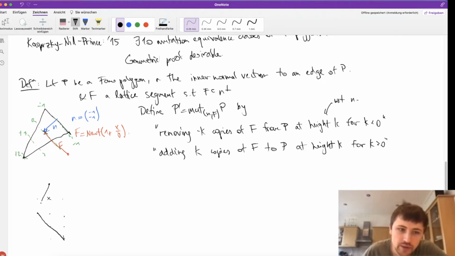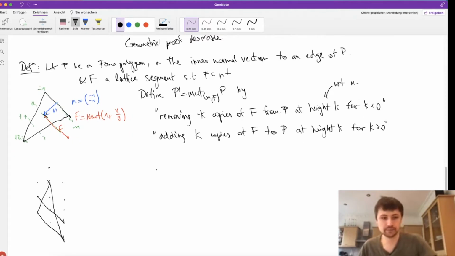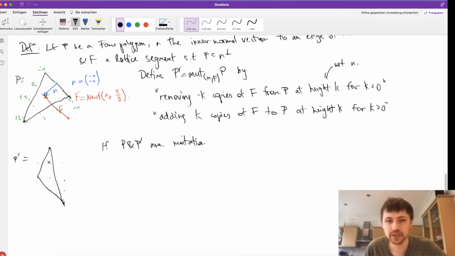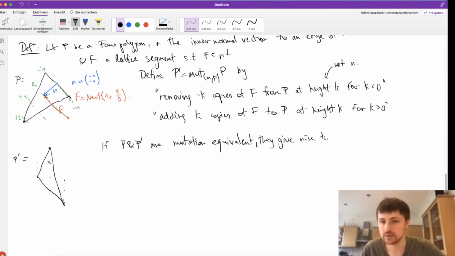And if you work it out, you get this polygon here. Okay, so that's P and that's P prime. And it's not too hard to show that if P and P prime are mutation equivalent, meaning there's a sequence of mutations from one to the other, then they give rise to the same mirror Del Pezzo.